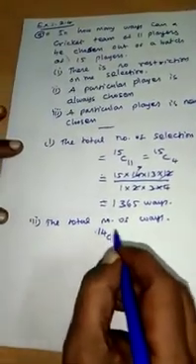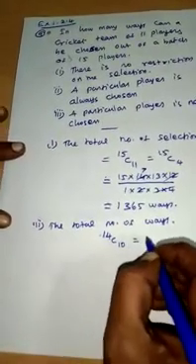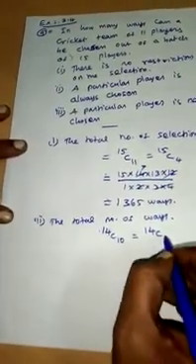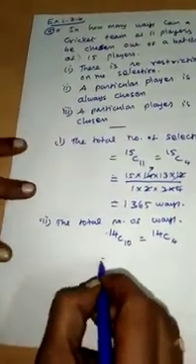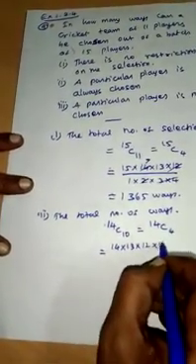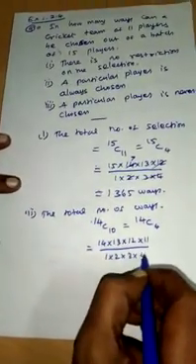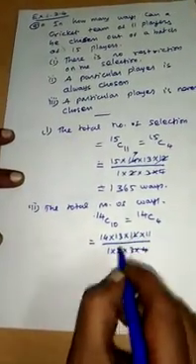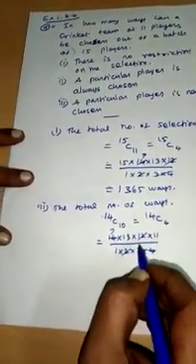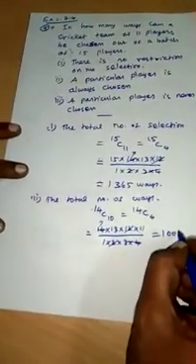One is always chosen. Therefore, 14C10 is equal to 14C(14 minus 10) is 4. We get 14 into 13 into 12 into 11 by 1 into 2 into 3 into 4, 3 into 4, 12, 7. 7 into 13 into 11, we get 1001 ways.